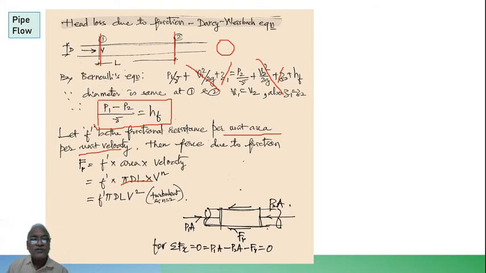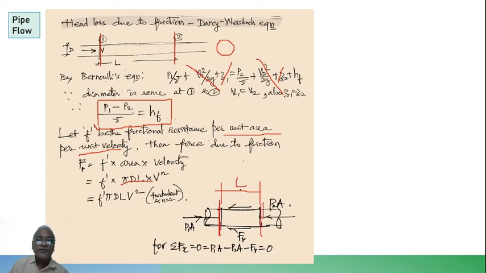with forces, right, free body diagram kind of. So this you can take it as L, the length L, diameter is D. Now when you take a section here, the pressure force acts on this element, because it is a free body diagram, this is separated out.